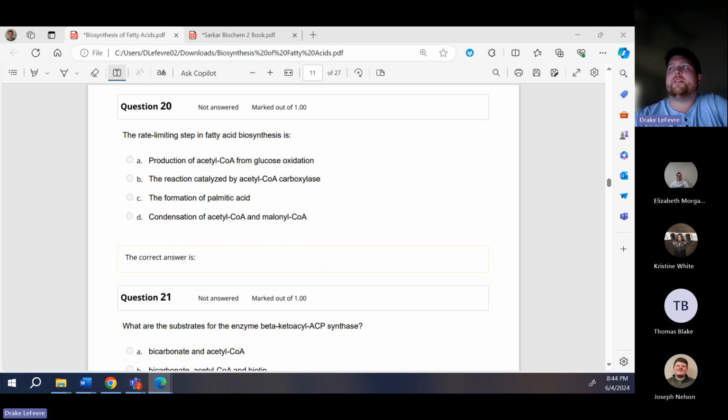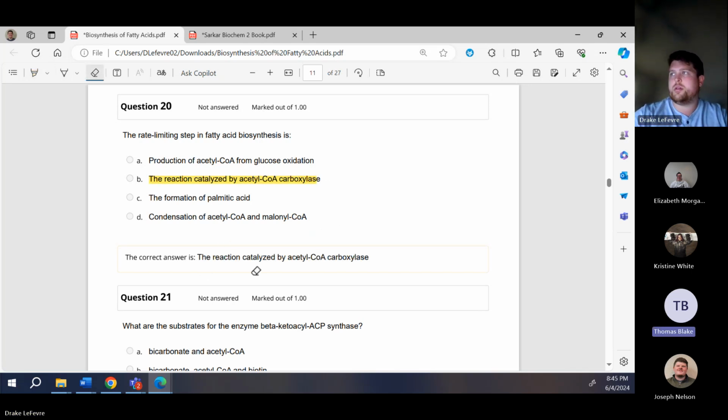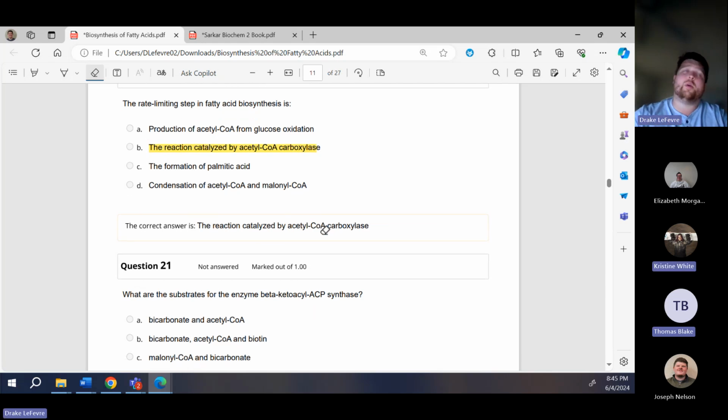The rate limiting step in fatty acid biosynthesis is which of the following? We talked about this super briefly. I highlighted it. It's going to be the B reaction. Yeah, it's B. Acetyl-CoA carboxylase is our rate limiting step. And that's the formation of malonyl CoA that happens during that step. Exactly. Okay. With using which coenzyme?